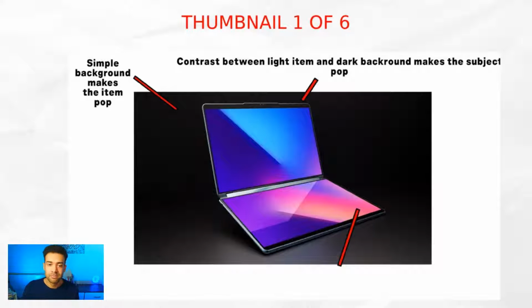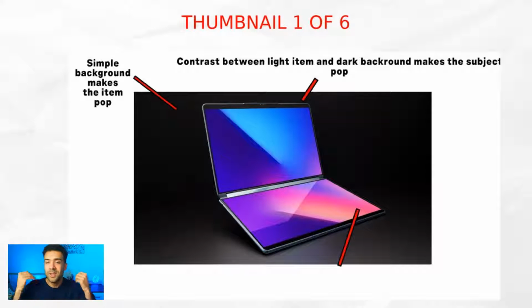Next up, the laptop is naturally a really bright item. So what the YouTuber's done with this thumbnail is they've used a dark background to make that light item, the laptop, pop out.